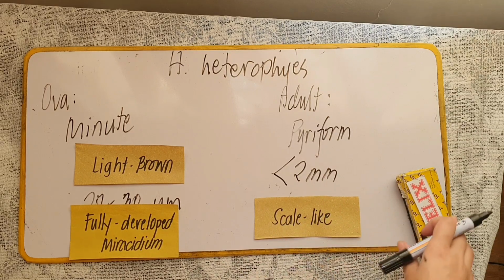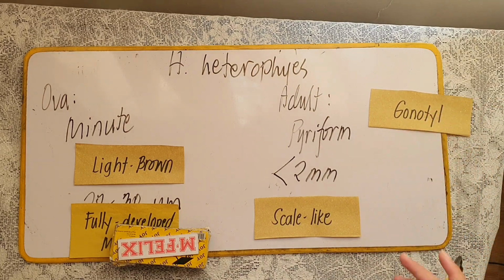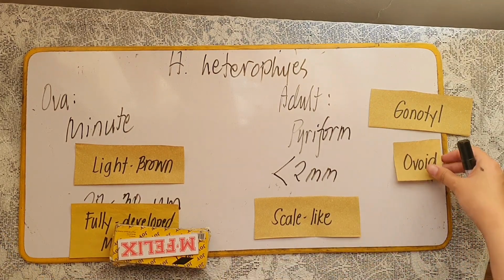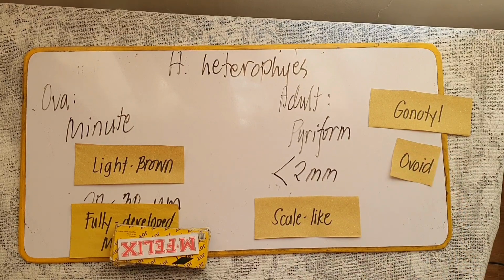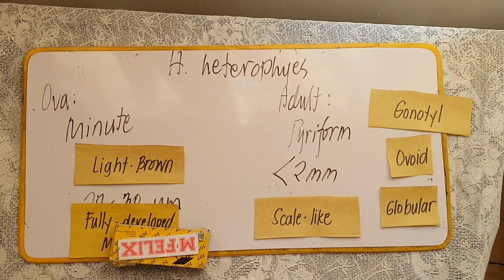Some species have a gonotyl, or ito yung kanilang genital sucker. Now, this gonotyl is located near the left posterior border of the ventral sucker. The testis is ovoid in shape, located in the posterior fifth of the body, while the ovary naman is globular in shape, located anterior to the testis.